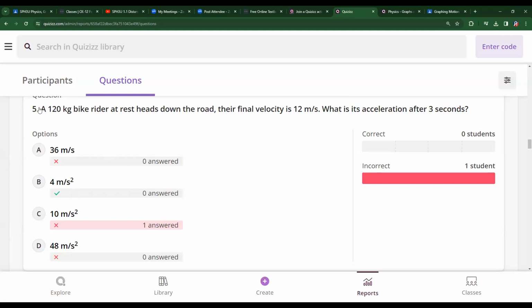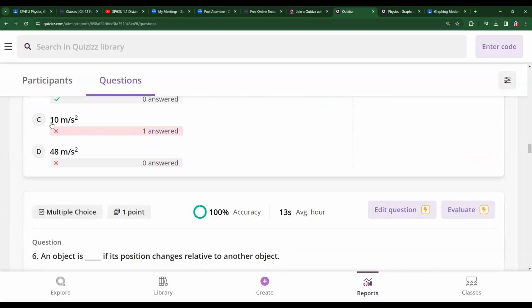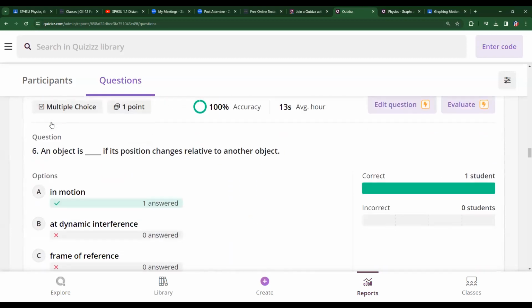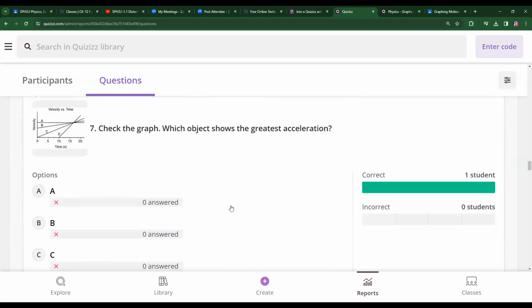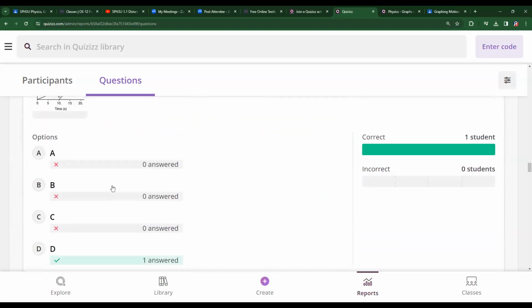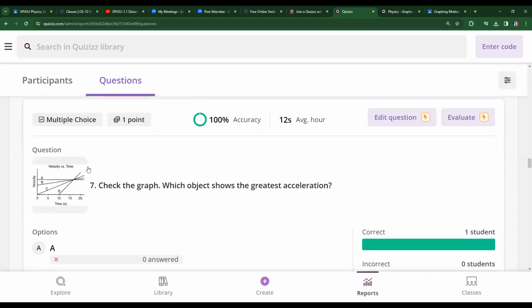So mass, we don't care about mass. It's just confusing. So always try to separate what is important and what is not important. An object is in motion when it changes position. Yeah, you chose right. Greatest acceleration means the biggest slope, and you did well. Bigger slope, bigger acceleration because it's a velocity-time graph.